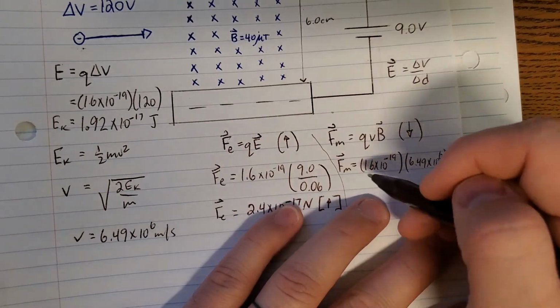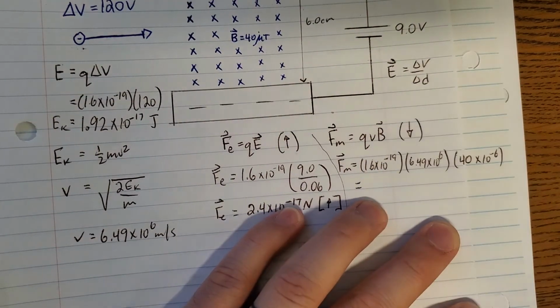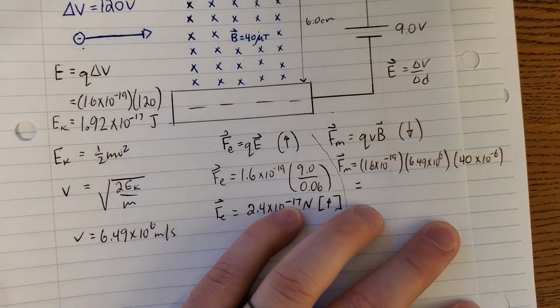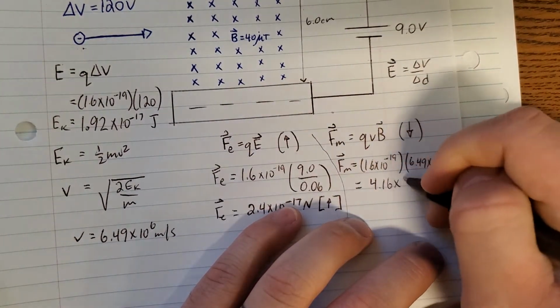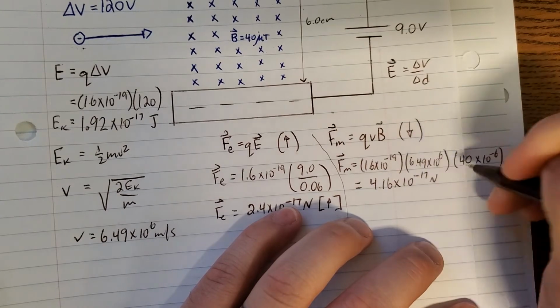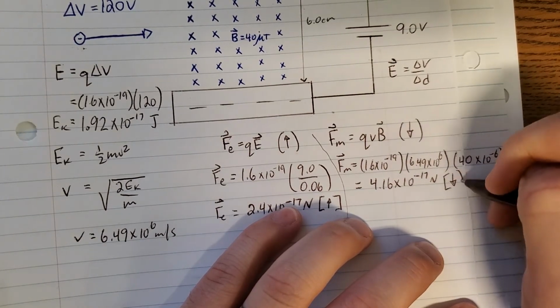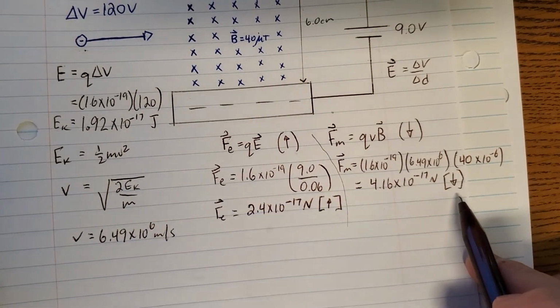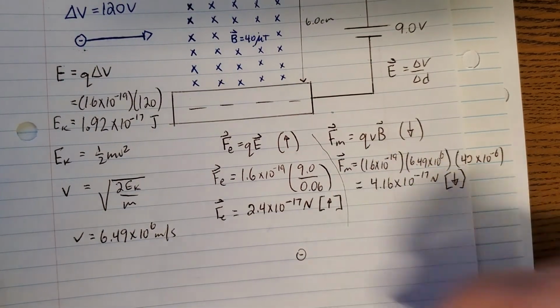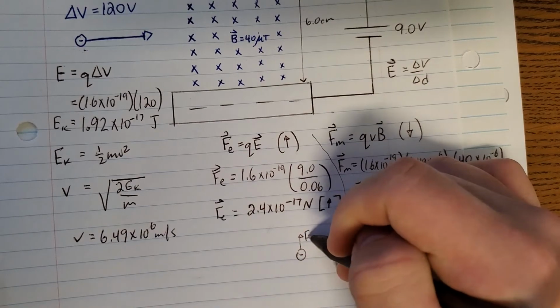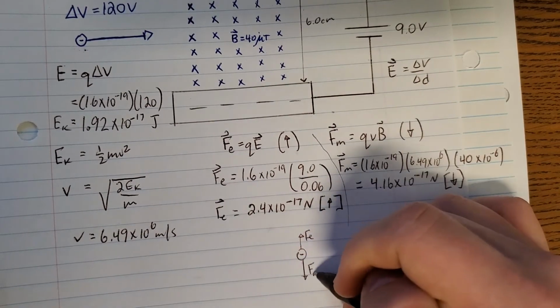When I punch that in, I get 4.16 times 10 to the negative 17 newtons, and that was down. Remember, we got that from a hand rule. Okay, so these electrons, as they're coming in, electric force up, magnetic force down.